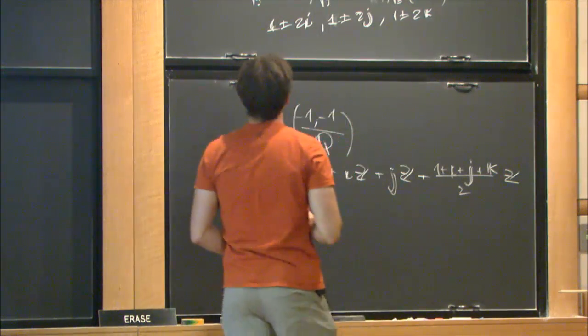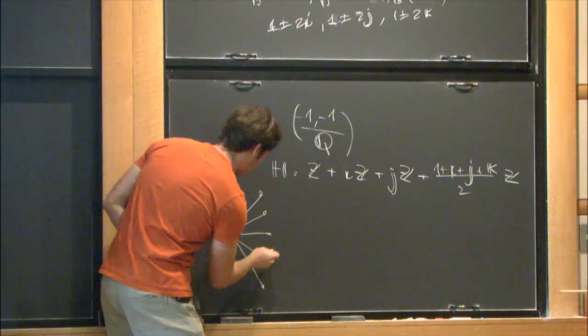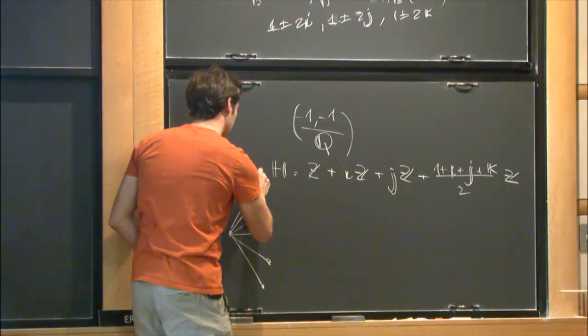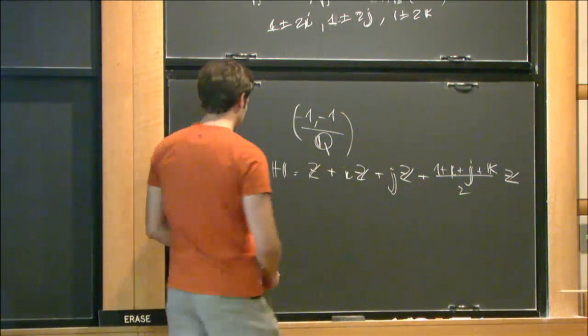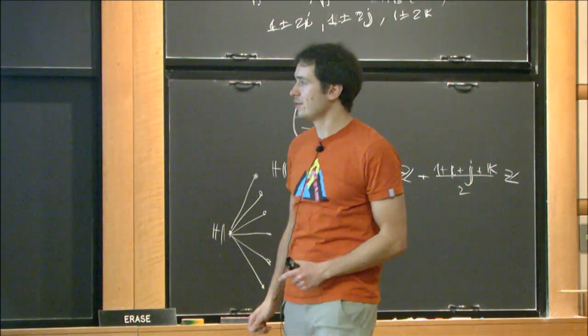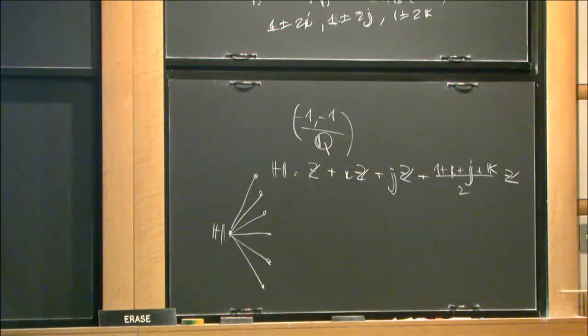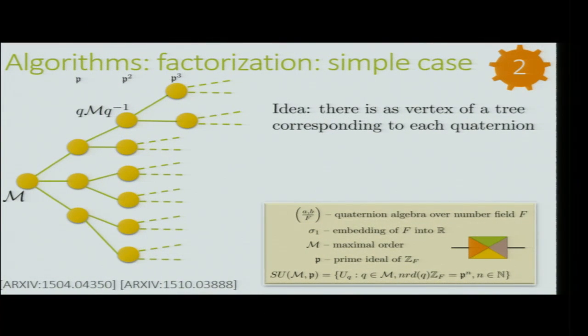These are integral quaternions, and there will be 6 neighbors of the original Hurwitz order, so your tree will be 6-regular.